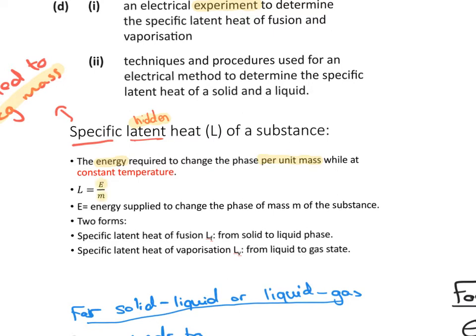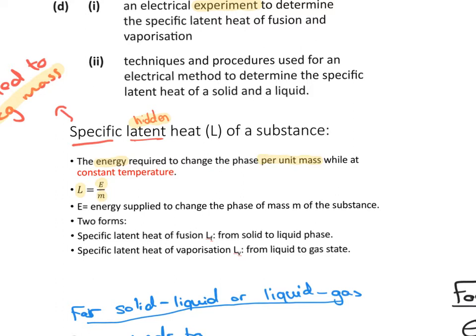We represent latent heat of fusion or vaporization with an L, but they will have subscripts because they're different and they also have different values. E stands for the energy supplied to change the phase of the mass, or the energy released sometimes, if you're going from a gas to a liquid and a liquid to a solid.